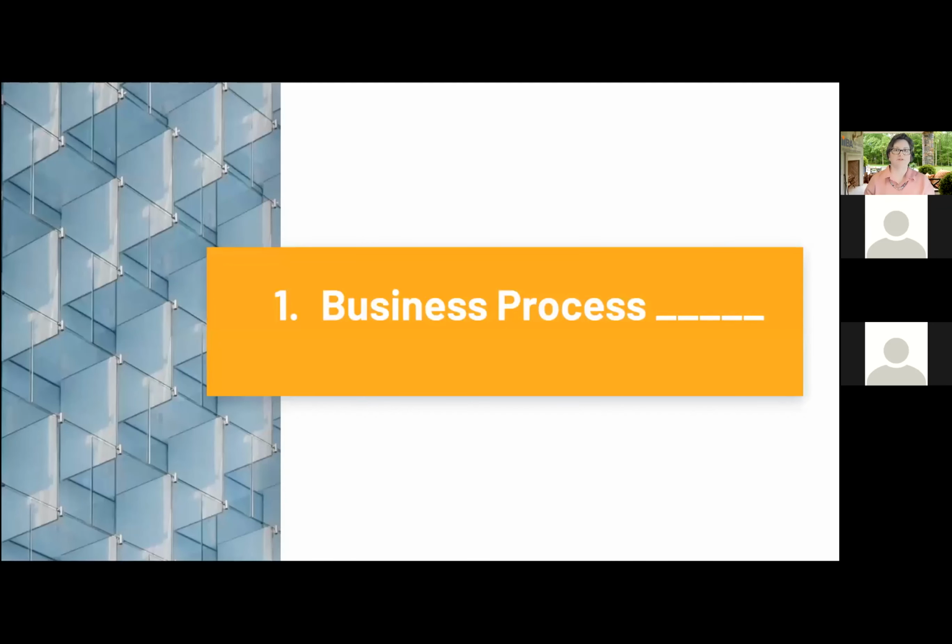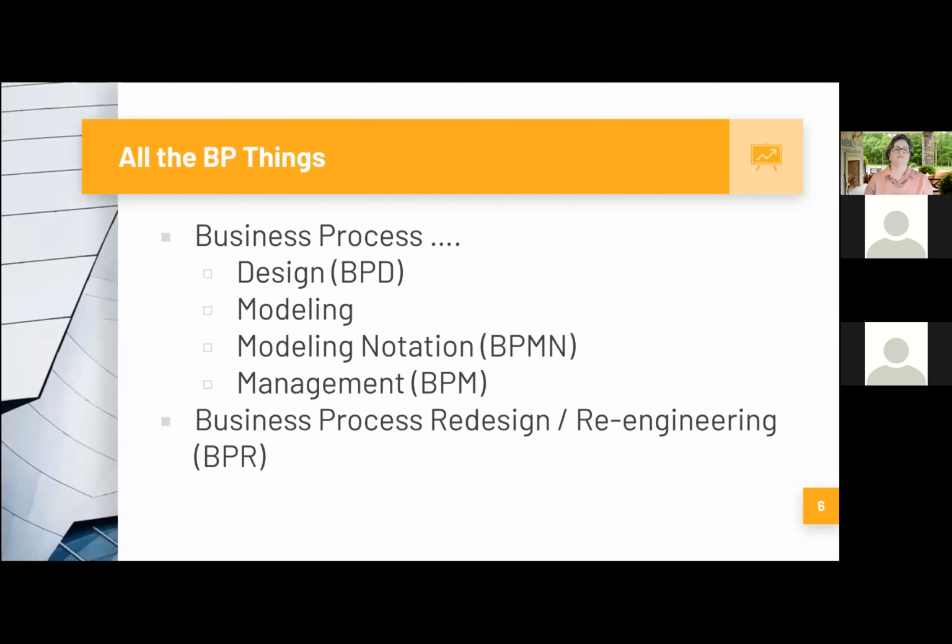It also helps to start with an understanding of all the things called business process. So let's hit some of the high points. First, there's business process design. This is the process of developing a new workflow, developing a new end-to-end process. Business process modeling is the visual representation of the steps in a process. And when I say visual, that could be written, that could be modeled.